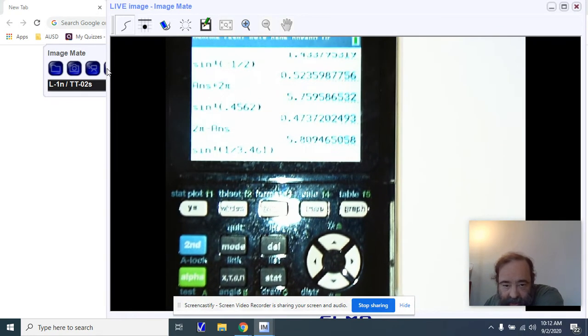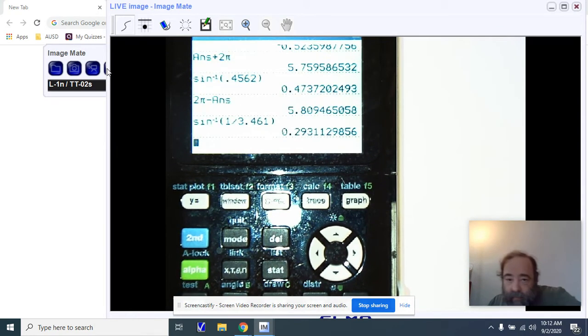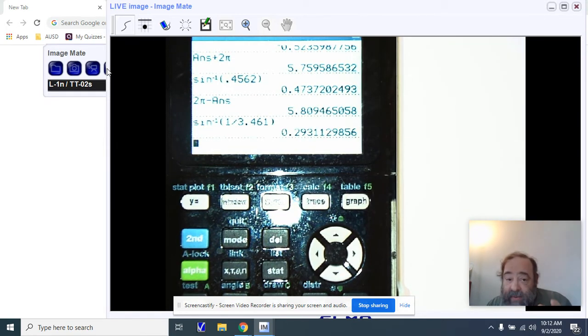Then all you need to do is hit enter. So you'll notice there's only one solution here. That's because we're talking about an arc. There would be two solutions if I put sine of theta equals 1 over 3.461. So there's only one solution here, and it's using your calculator to find it.